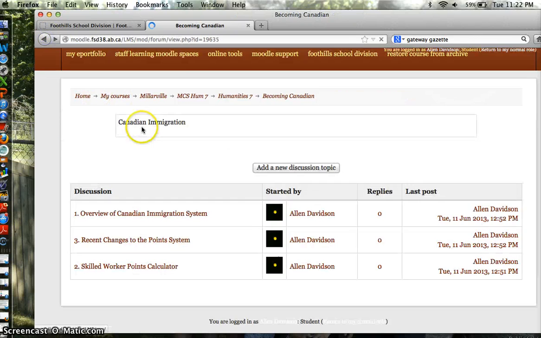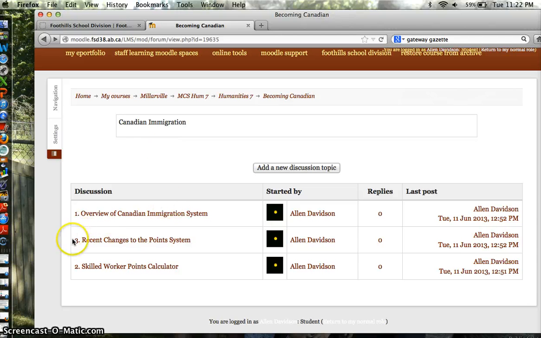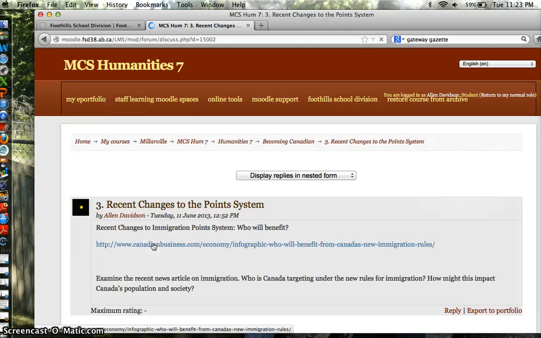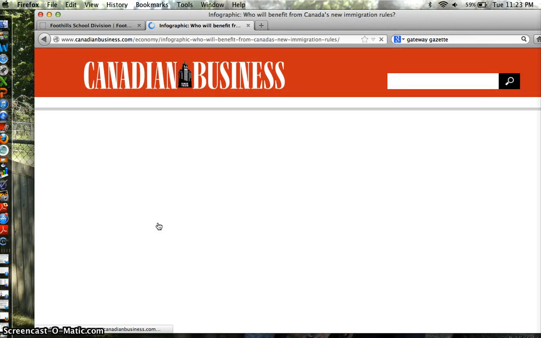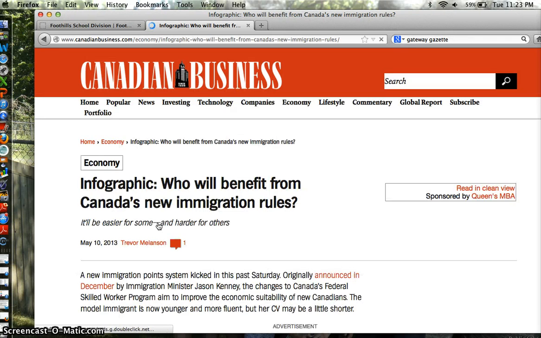And then lastly, just this month, Canada implemented recent changes. So under our federal government, we had recent changes to the point system. So you'll be able to go in here, and this is where your more critical thinking aspect is looked at.